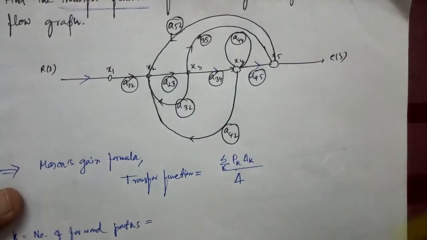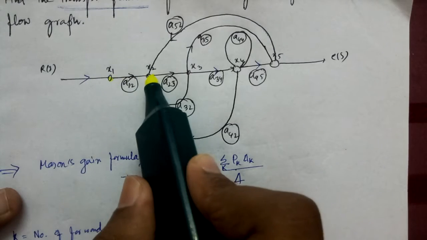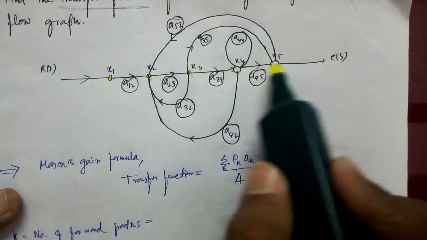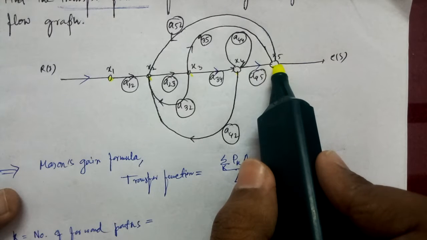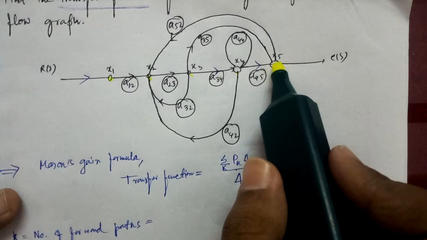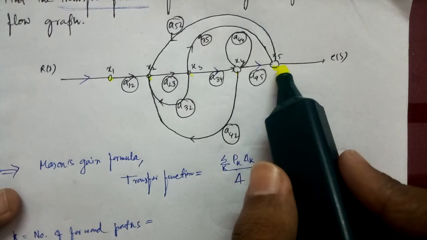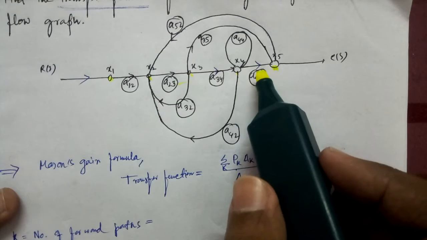It starts from the x1 point, then x2, x3, x4, and x5. These are actually the nodes. If it comes from a block diagram representation, then these nodes are nothing but the takeoff points or the adders or the summers.